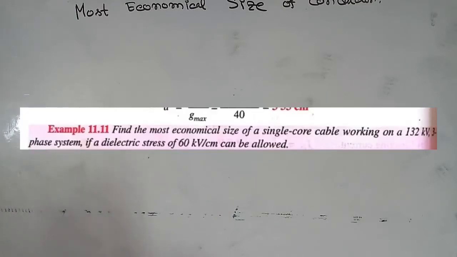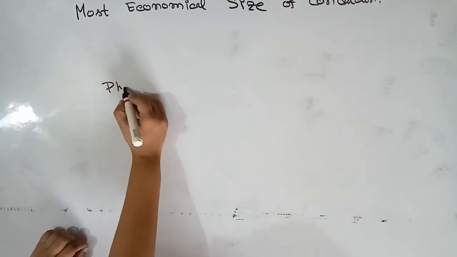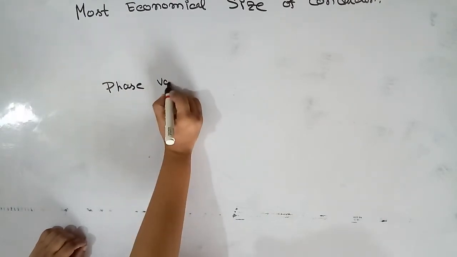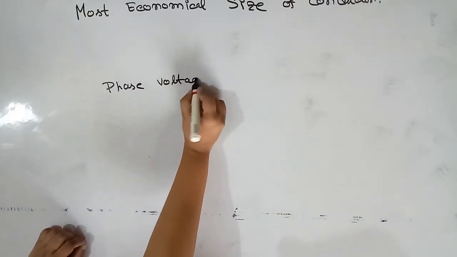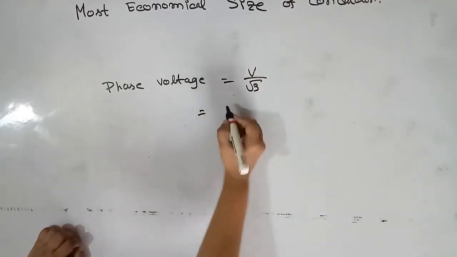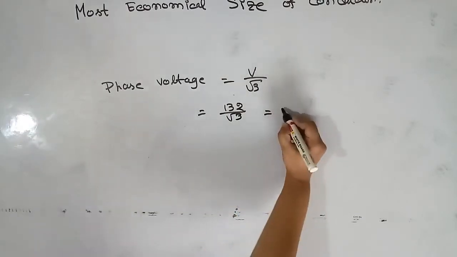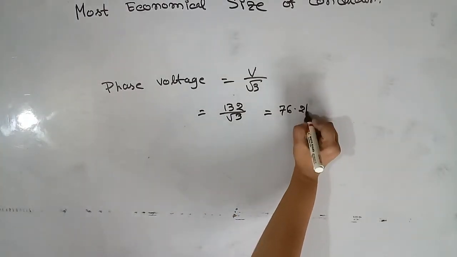Next problem is find the most economical size of the single core cable working on a 132 kV three-phase system if dielectric stress of 60 kV per centimeter can be allowed. Now first we determine again the phase voltage. Phase voltage, that is V by root 3, that is equals to 132 by root 3 equals to 76.21 kV.